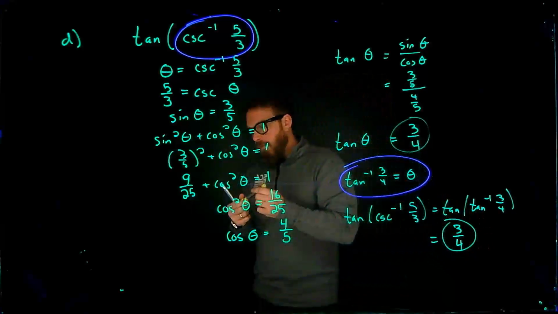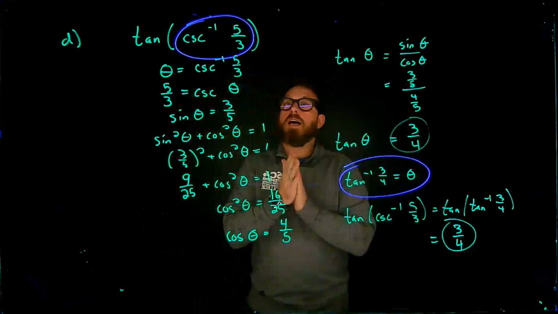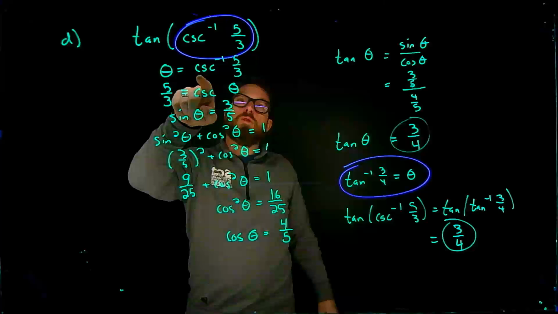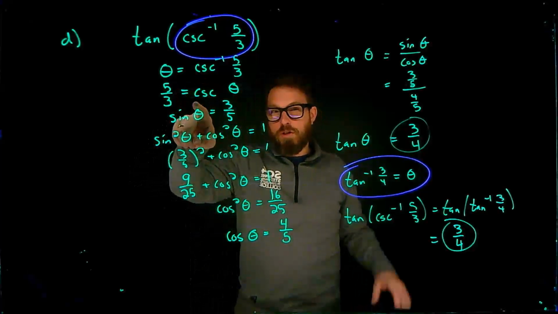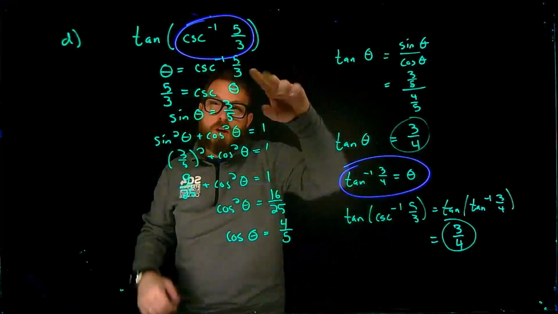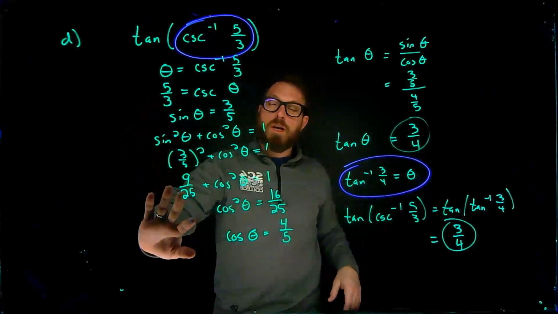So what I love about this is it's the perfect capstone for the end of a trig class. You have inverse trig functions. You have changing from an inverse to a regular function, so you're flipping inputs and outputs. You have to be concerned about restrictions. You have to use the Pythagorean theorem so you can turn a sine function into a cosine function.